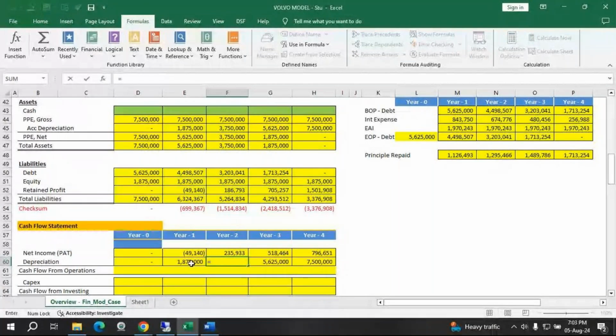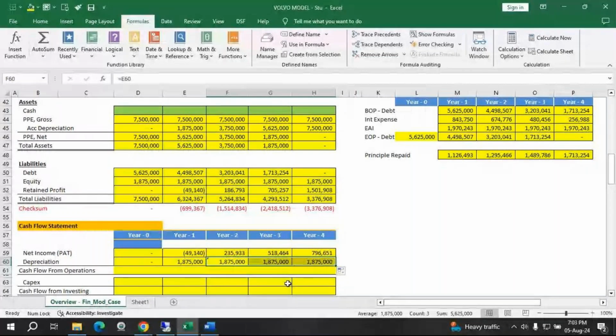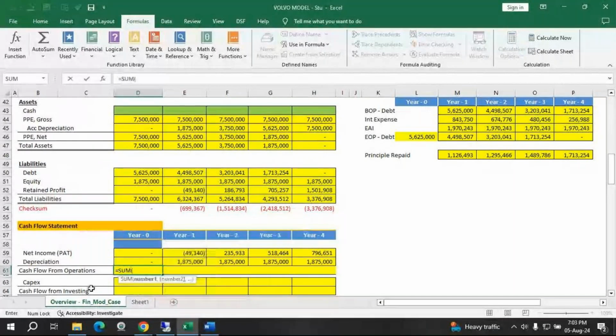Okay, let's keep it the same. Then cash flow from operations will be equals sum of net income, that is profit after tax, plus depreciation. So here 0.